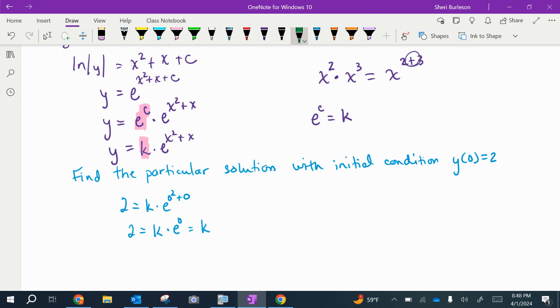So now my particular solution is y equals 2 times e to the x squared plus x, which is a little easier than trying to solve for that constant up in the exponent. And 2 is a much nicer constant than e to some weird number that's going to get me a 2.